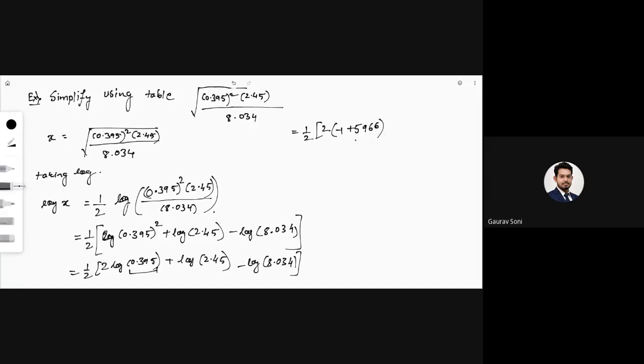So 0.5966 plus log of 2.45. There is one digit before the decimal point, so what are we going to do?